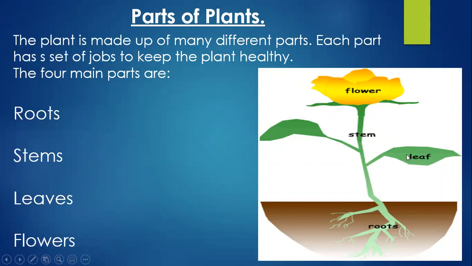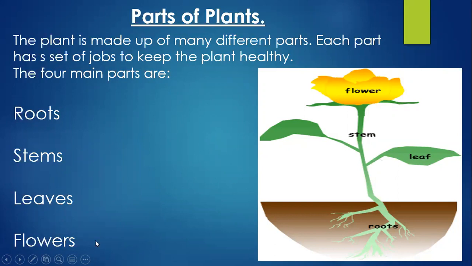What job do the leaves do? They make the food for the plant, and also they provide oxygen. They make oxygen, which is very necessary and important for our life. Plants give us this oxygen.